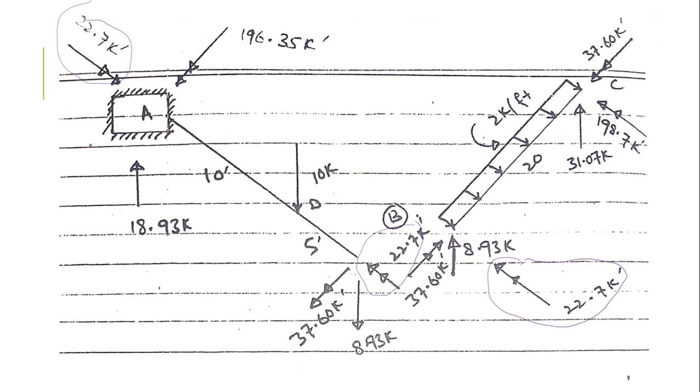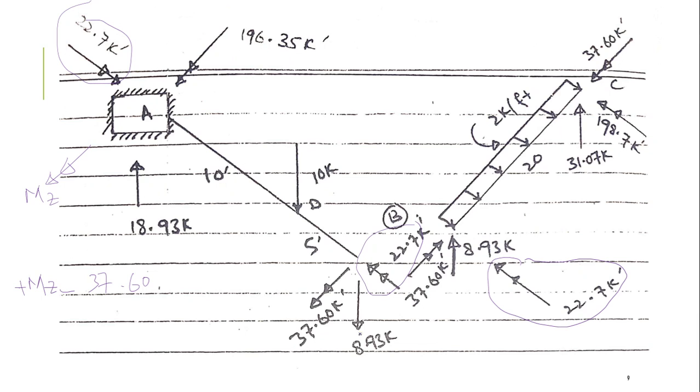For example, I don't know what moment it is. So this is a moment in z direction, so I assume it to be plus mc. You should know that this is also a moment in mz. So I can write minus 37.60. This 8.93 is in y, this member is in x.